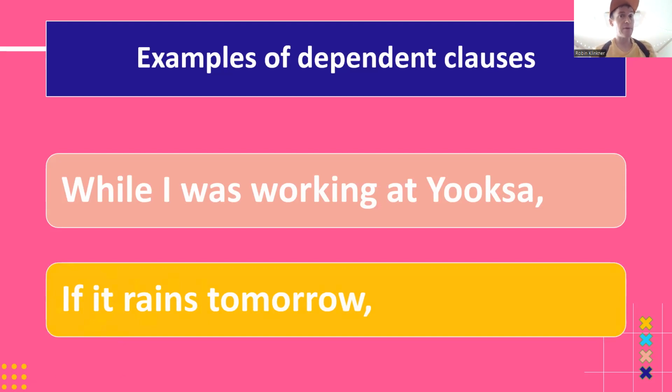You would ask me, Robin, what happens? What will happen if it rains tomorrow? Complete your thought. So independent clauses, complete thoughts. Dependent clauses, incomplete thoughts. But both independent clauses and dependent clauses, they both have a subject and a verb.